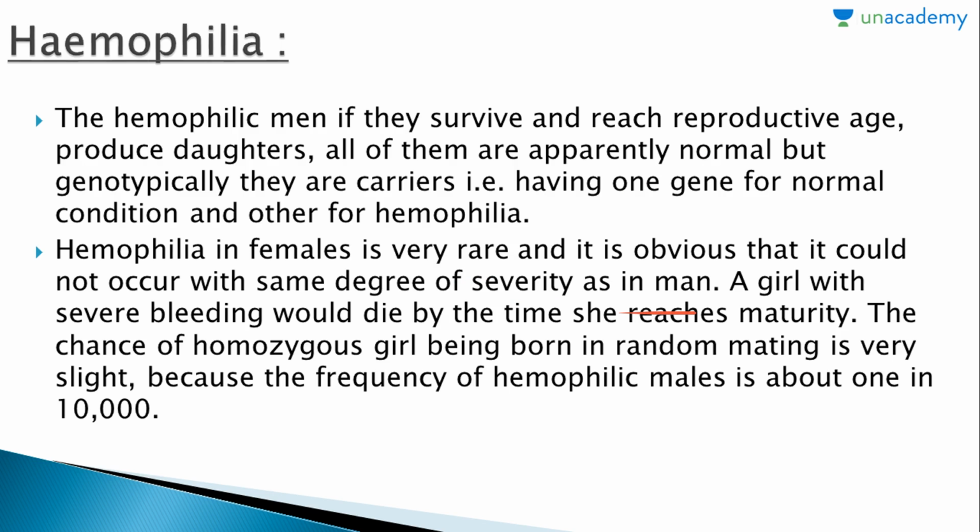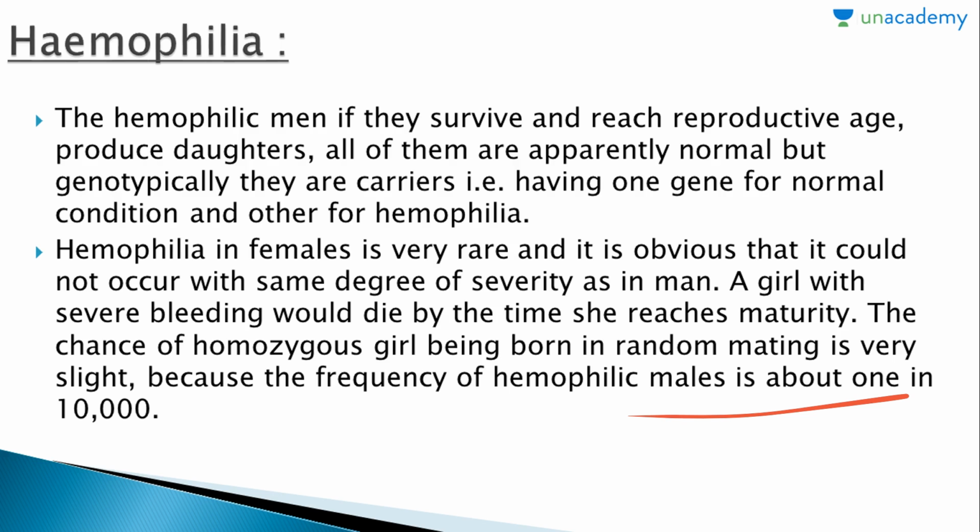A girl with severe bleeding would die by the time she reaches maturity. The chance of a homozygous girl being born in random mating is very slight. Only a homozygous girl can be diseased by hemophilia. The frequency of hemophilic males is about 1 in 10,000, so it is very, very improbable that a girl may become hemophilic.